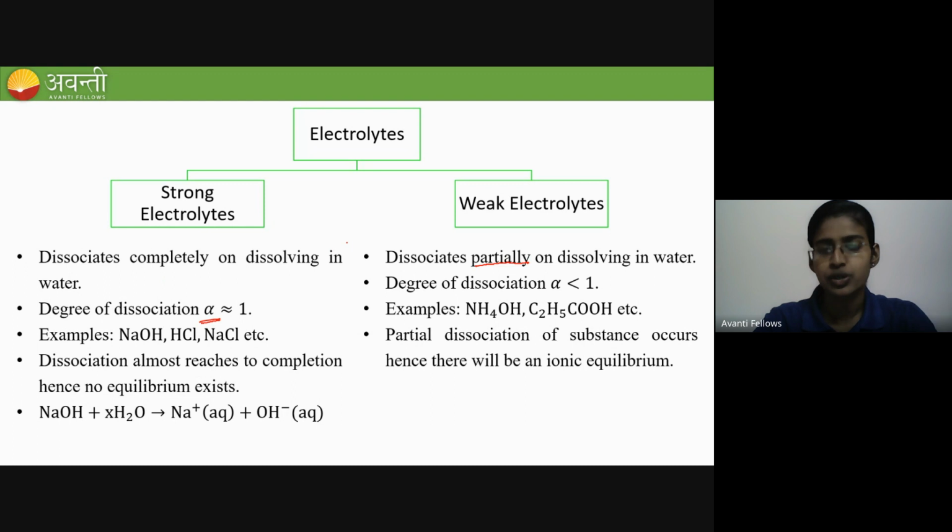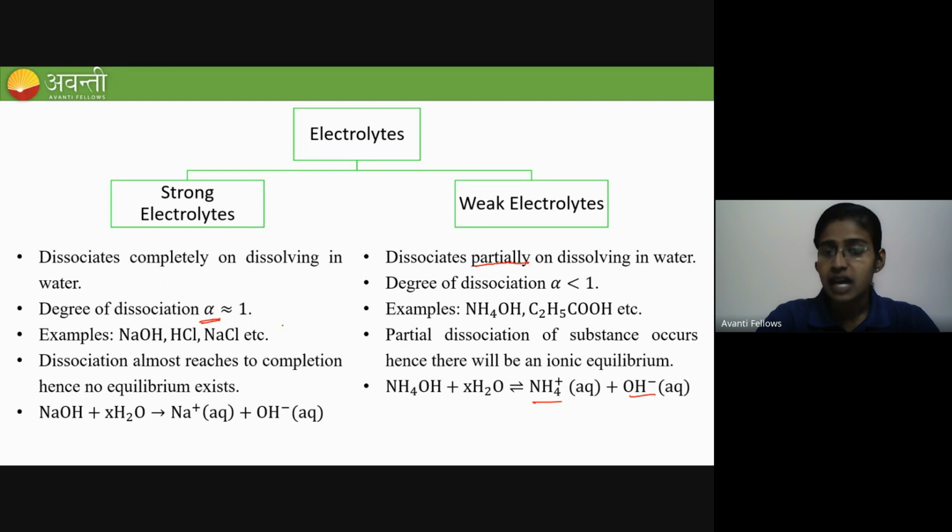Suppose I'll show you an example. I'll take ammonium hydroxide. I have taken this compound and I am trying to dissolve it in water. And here I'm getting NH4 plus ion and OH minus ion. But there will be some interaction between this cation and anion because dissociation is partial, right?